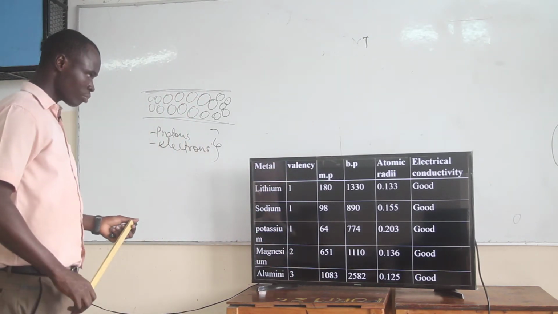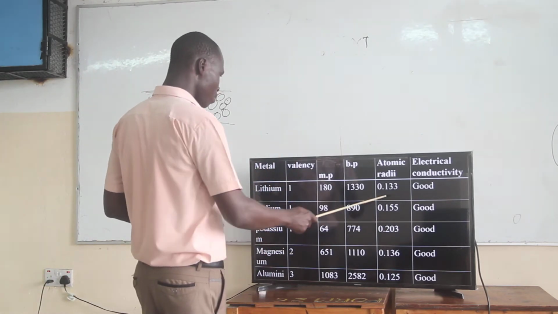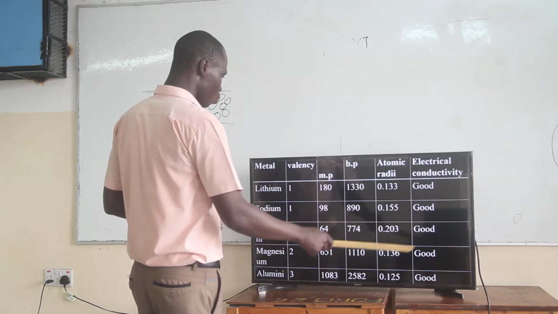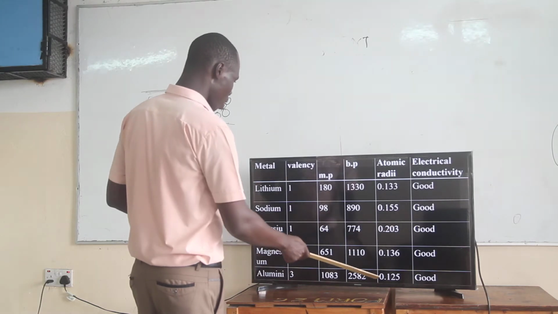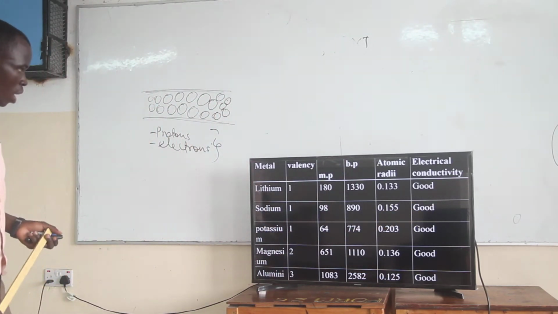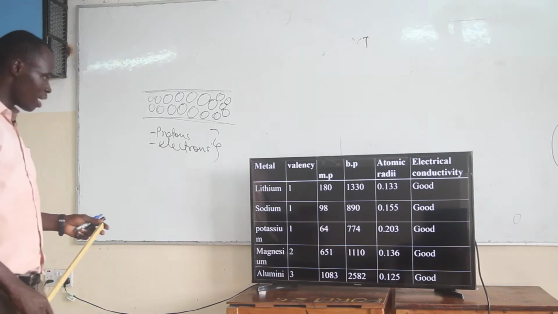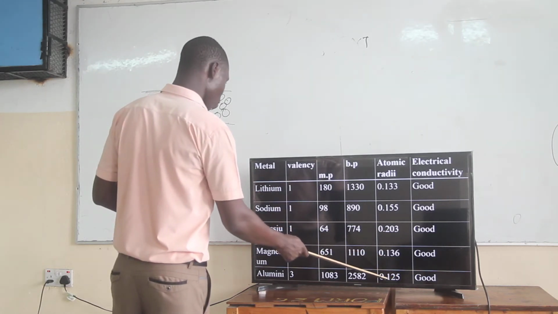So if you look now, the atomic radius of lithium is 0.133, then 0.155, 0.2, 0.3, 0.136. Then we have 0.125. Now you can look at the ones with a small atomic radius, like magnesium and aluminum.